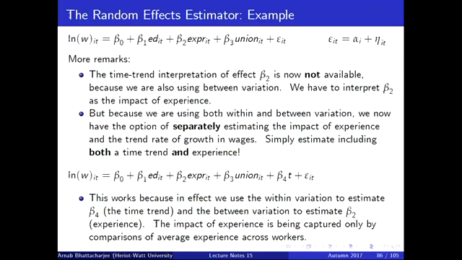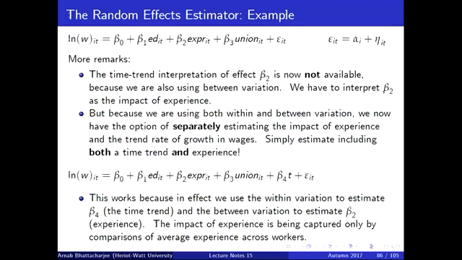One other point, with regard to experience. Earlier when we were doing fixed effects, we saw that this coefficient here, beta 2, is really a time trend. Remember that? Because every year, from one year to the next year, a person who is employed, their experience increases by 1, which is the same increment as from one year to another year, right?